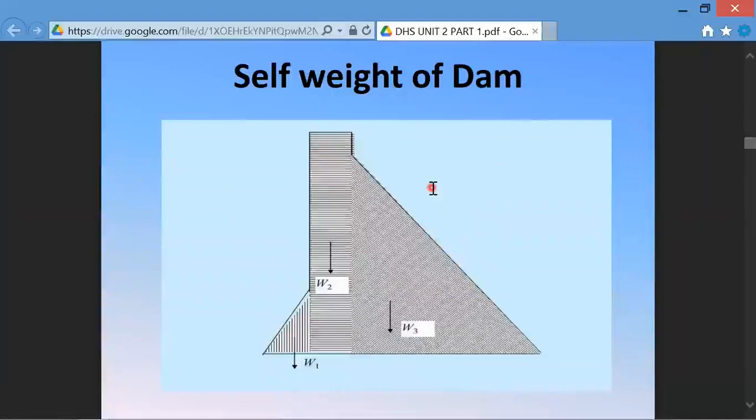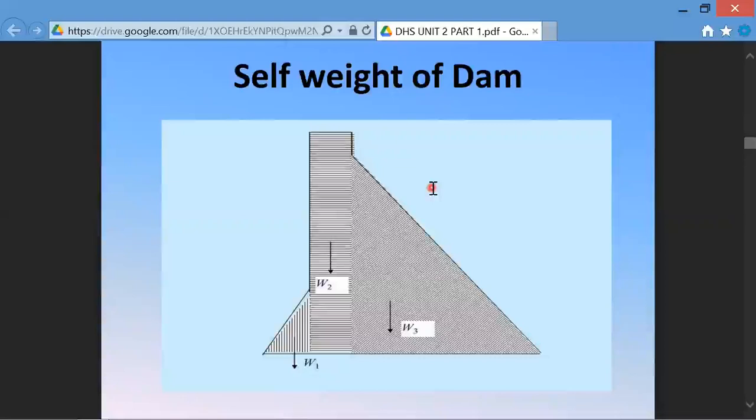Now how can we calculate the self weight? You multiply the volume with the density, you will get the weight. This is the simple formula. But what about the pressure?